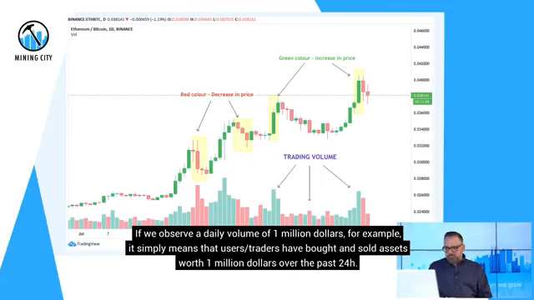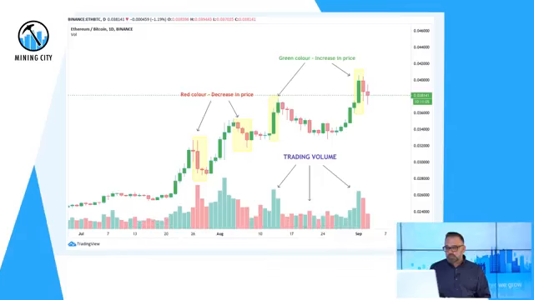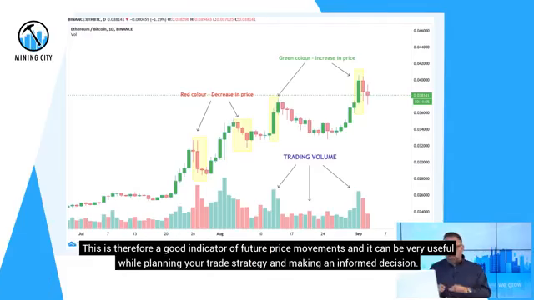If we observe a daily volume of, let's say, $1 million, for example, it simply means that users or traders have bought and sold assets worth about $1 million over the past 24 hours. Simple. This is therefore a good indicator of the future price movements, and it can be very useful while traders plan their trade strategy and make informed decisions.